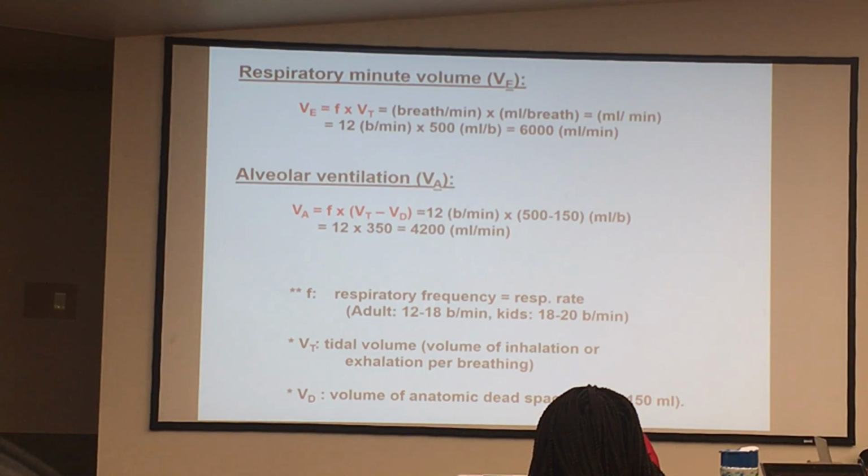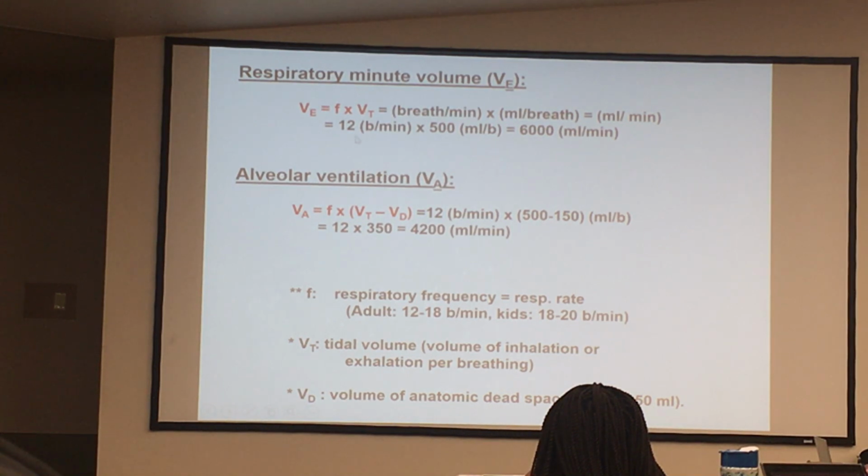Now we can calculate how many ml of air come to the lung. We have two values. One we call respiratory minute volume. I mean, every minute, how much air comes into our nose. Very easy: your breath frequency times the tidal volume, VT or TV.